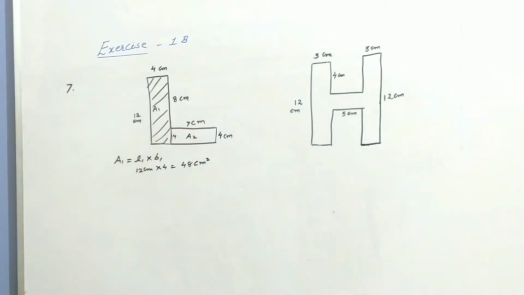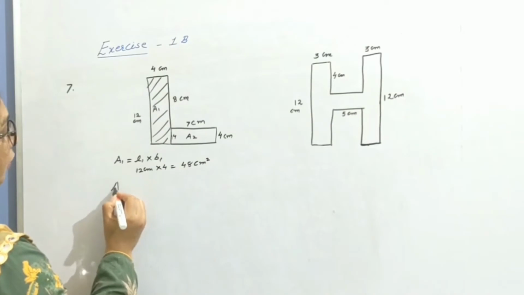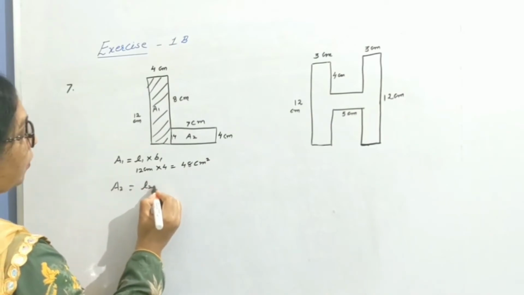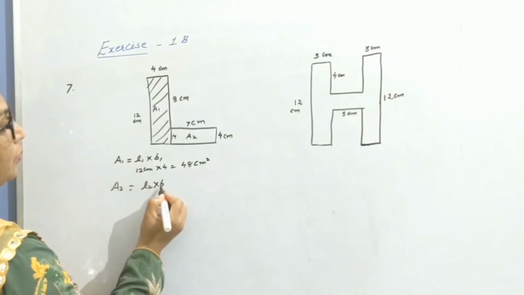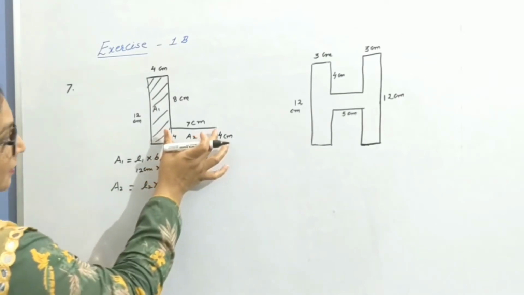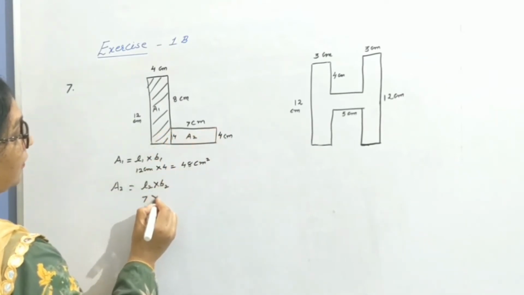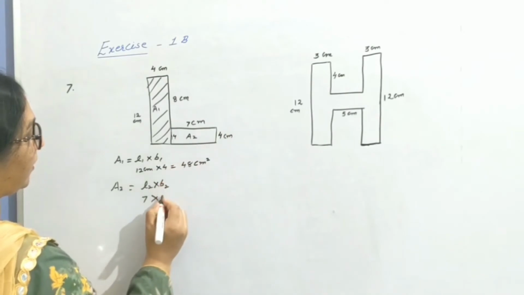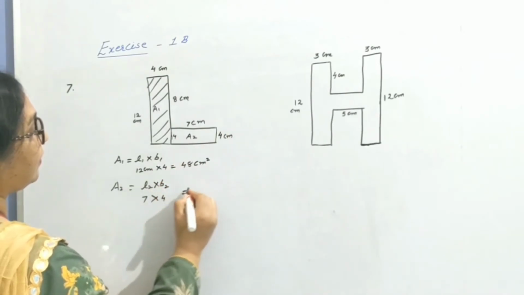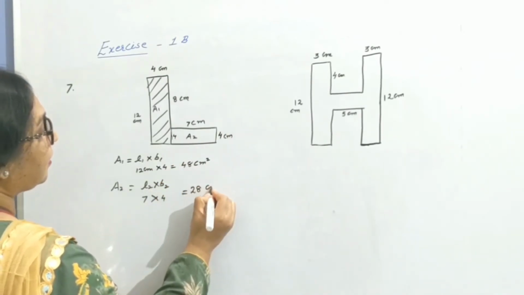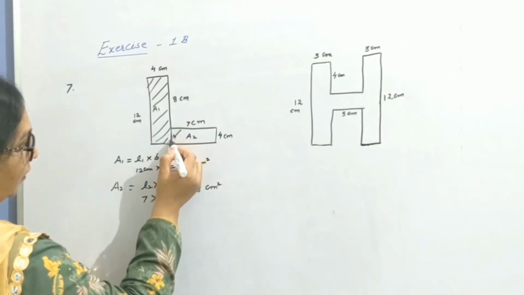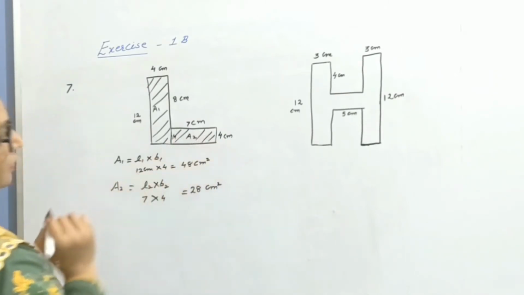Second area. Now let's try to find the second area. Area 2 equals L2 into B2, means length 2 into breadth 2. What is the length? 7 centimeter of this rectangle and the breadth is 4 centimeter. So 4 7s are 28 centimeter square. This area equals 28 centimeter square.